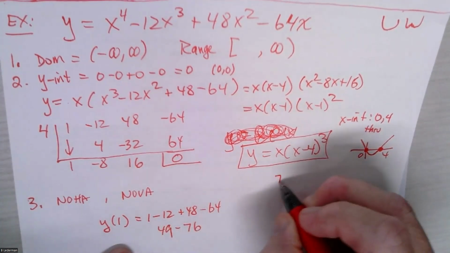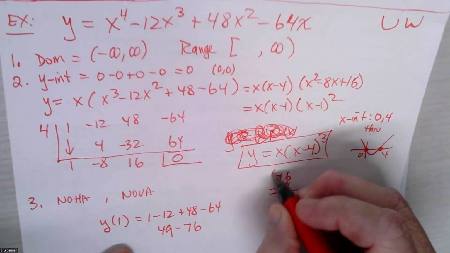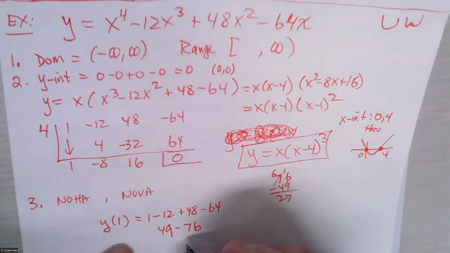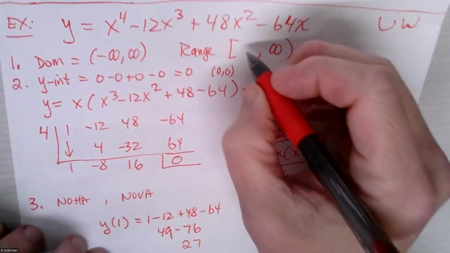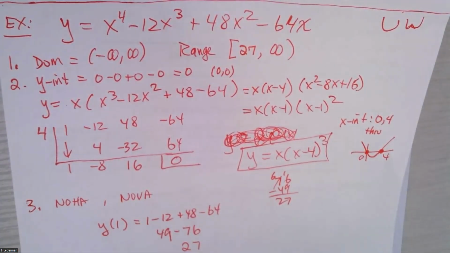That's going to be 76 minus 49. That's a 6, and that's 1. That's 7. So that number there is 27. Our absolute low point is going to be negative 27.